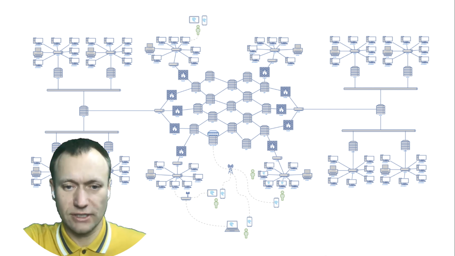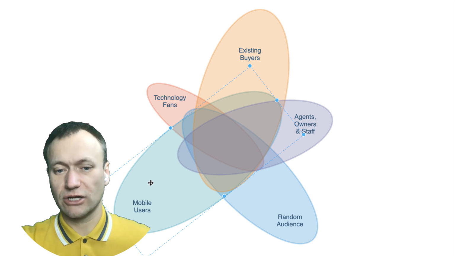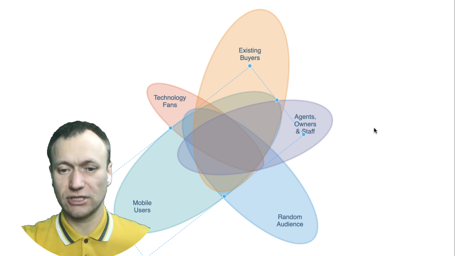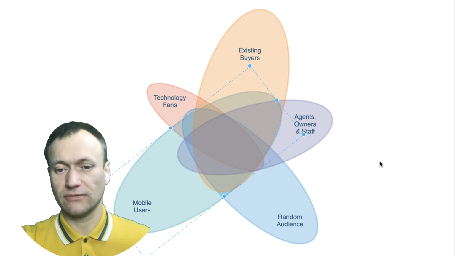We're looking at technology fans who are going to be happy that there's an app of this particular niche in the sector, and they found out and they download. Actually, this is a much larger group, but I made it really humble and see how it goes. Now, these are mobile users in general because mobile users greatly benefit from all of the mobile features that we offer, so they're going to be very happy.